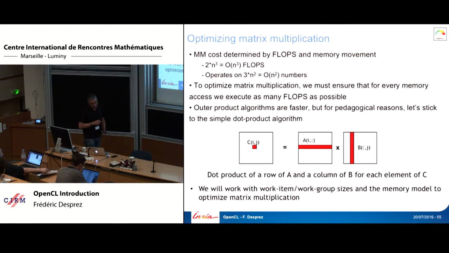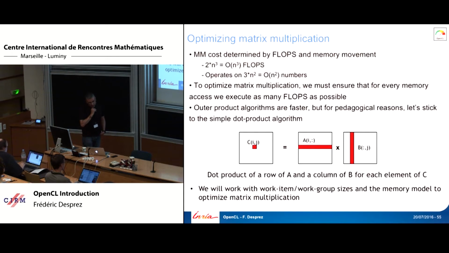So to optimize this matrix multiplication, as was mentioned several times today, you have to compute a lot for fewer data movements. You have n cubed operations for n squared data movements.